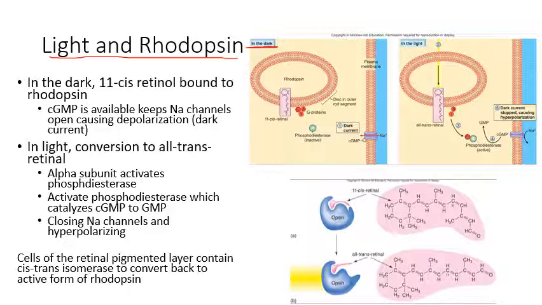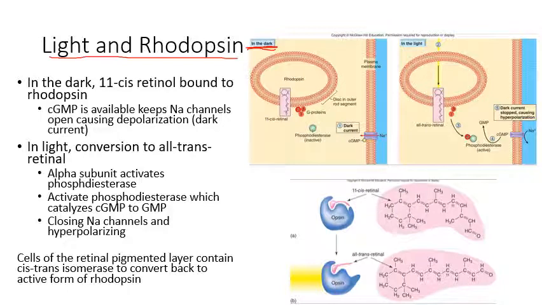That's opposite, right? Because you expect light to hit the photoreceptor and cause it to depolarize, and then the signaling starts. But that is not the case in the photoreceptors. In the dark, we get depolarization.